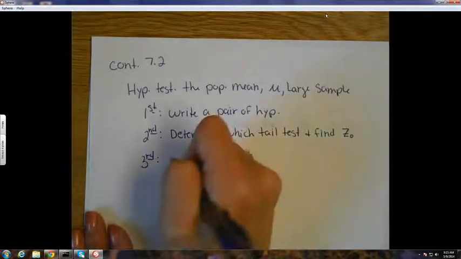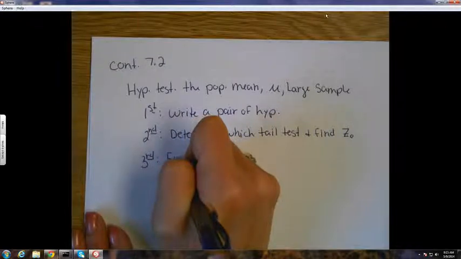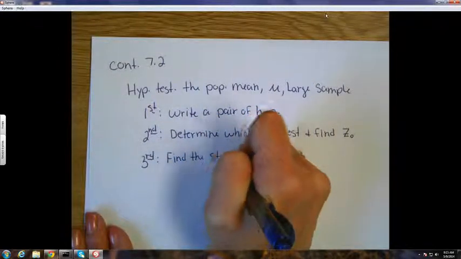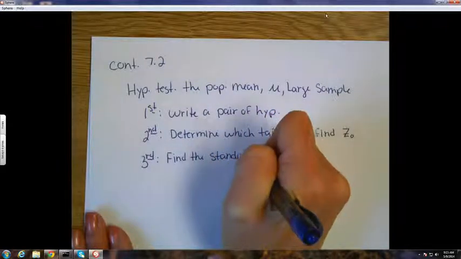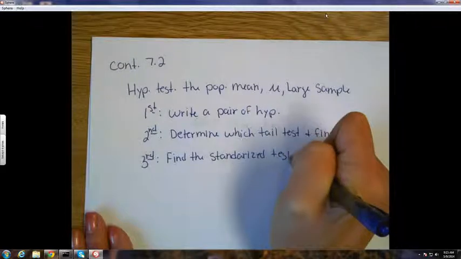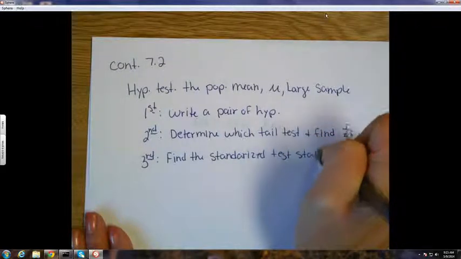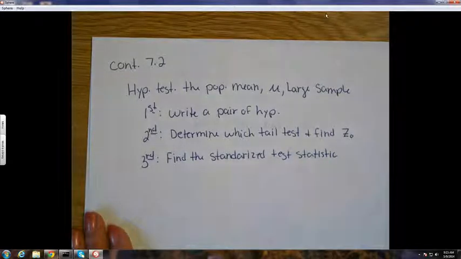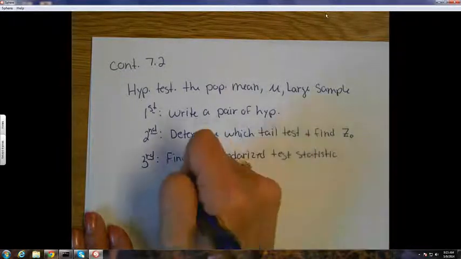You're going to find the standardized test statistic for the sample information.